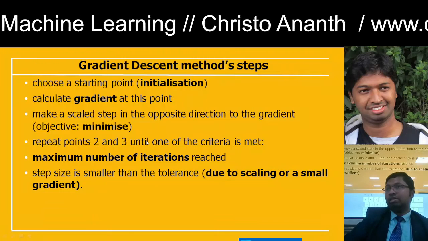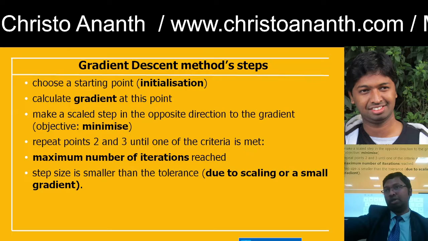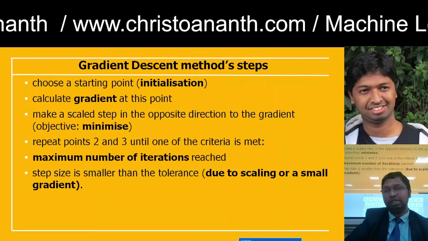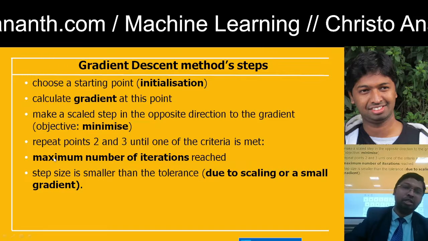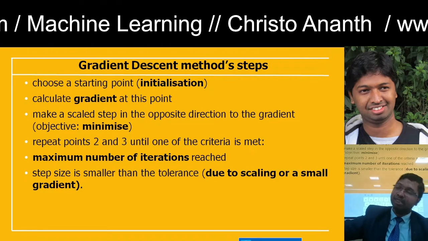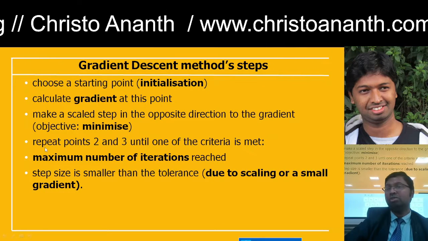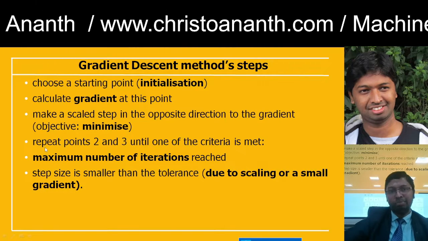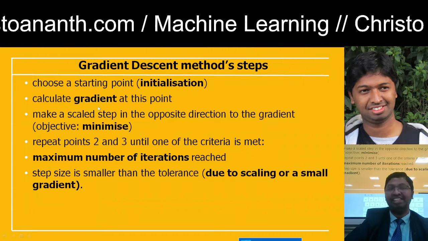And these are the steps in the gradient descent method. First of all, you have to choose the starting point, what you call initialization. Then you calculate the gradient at this point. Then you make a measured or scaled step in the opposite direction of the gradient, so you minimize. Then repeat these steps: gradient, step.